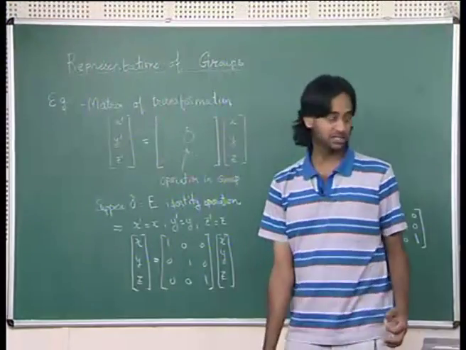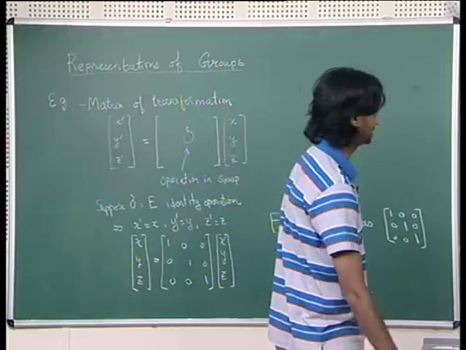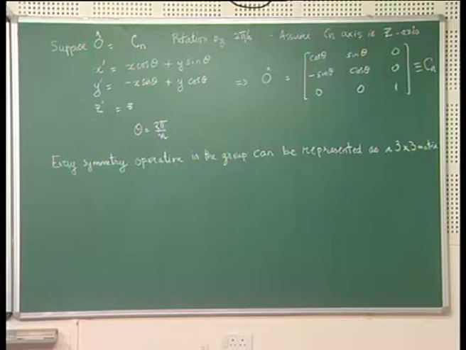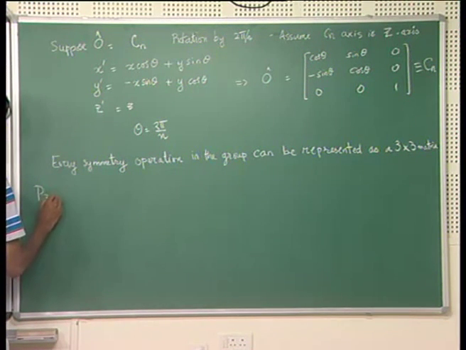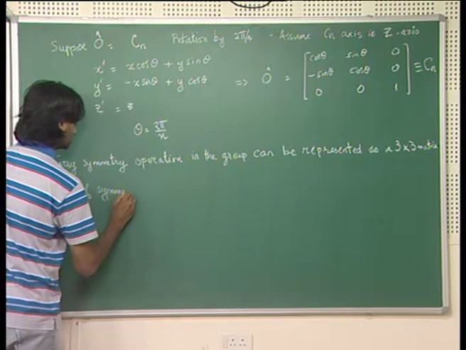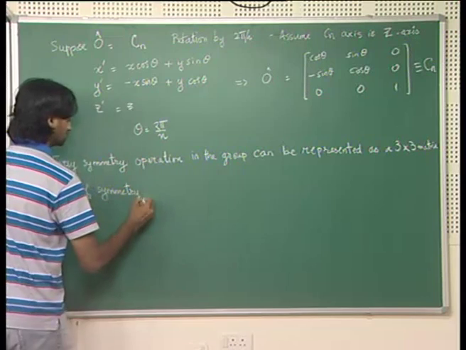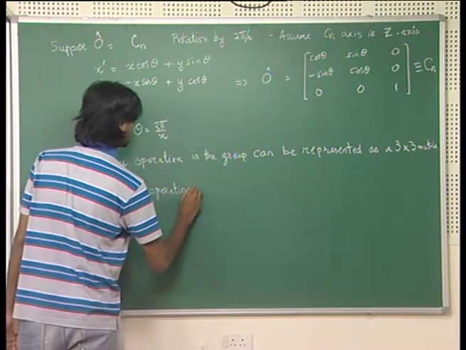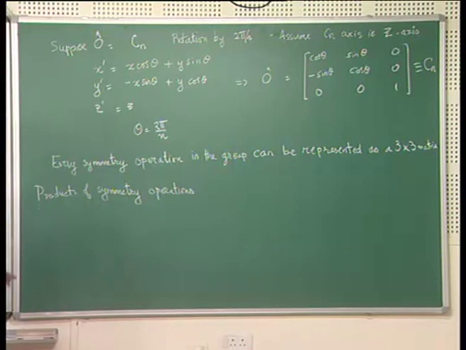So, every symmetry operation can be represented as a 3 by 3 matrix. Now, there is one more thing about this representation, and that has to do with the products of symmetry operations. Product of symmetry operations means you operate by one symmetry operation and then by the other.